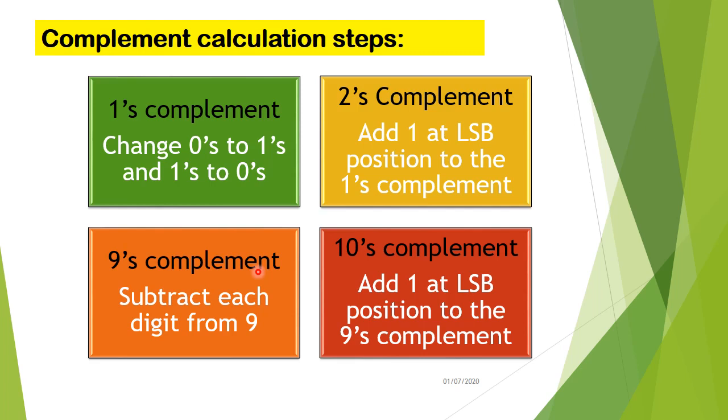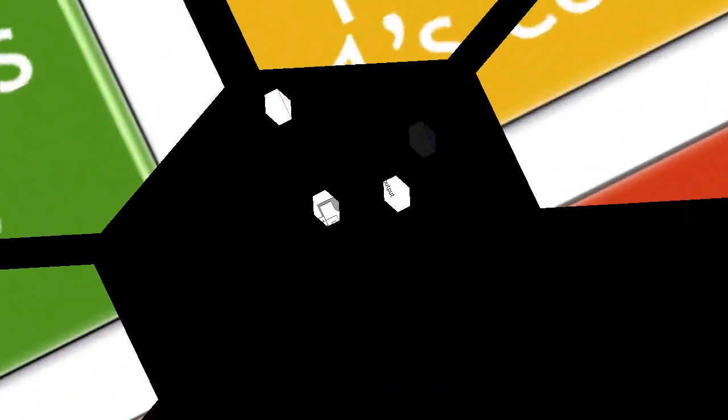Now for obtaining the tens complement, first we get the nines complement of the given number, and then at the LSB position we add 1 to it, carrying out decimal addition. Isn't it very easy, friends?